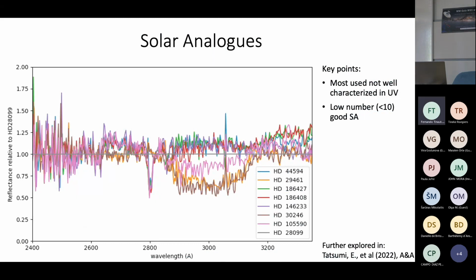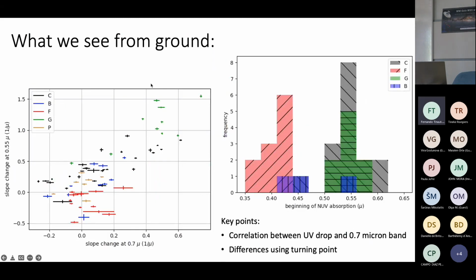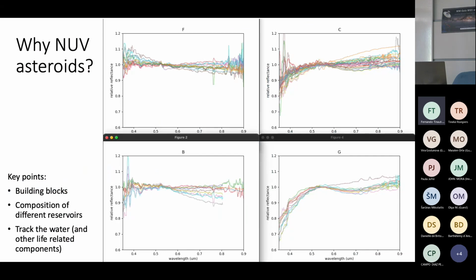Okay, so what we see from the ground, what are our main results right now? We have studied between 70 and 100 primitive asteroids among different taxonomies.